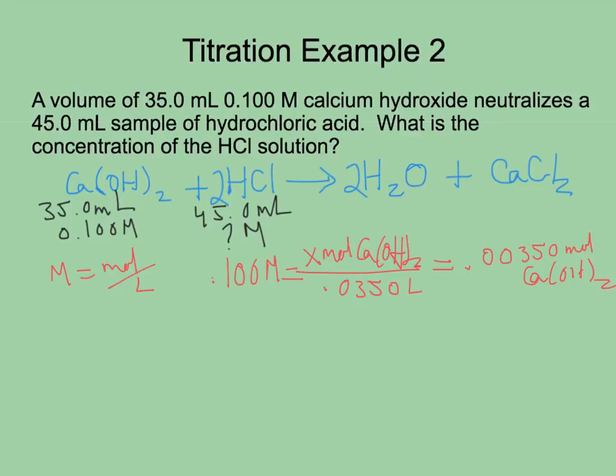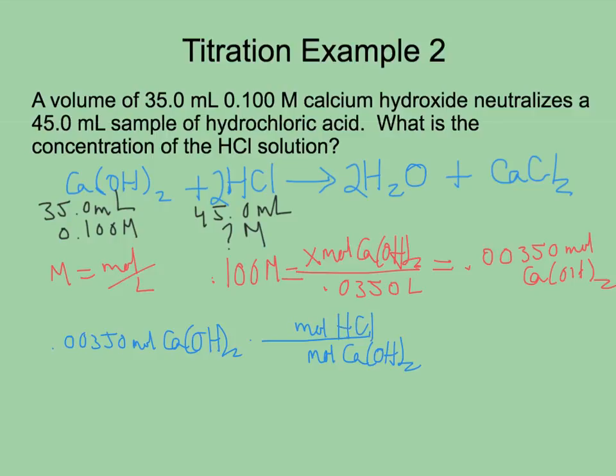My next step is to find the moles of the substance that I'm actually interested in. So that would be the HCl, since I'm trying to find its concentration. So to link between two different substances, you use moles and you use the molar ratio. So I have 0.0035 moles of calcium hydroxide. So on the bottom, I'm going to put moles of calcium hydroxide. On top, I'll put moles of HCl because that's what I'm looking for.